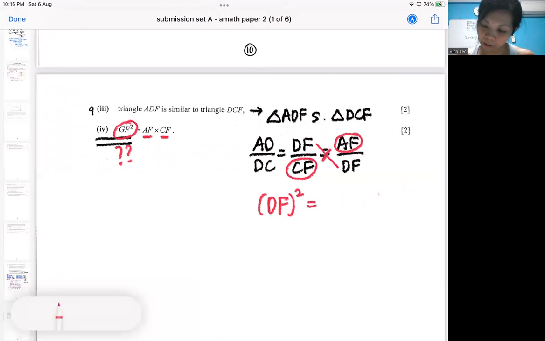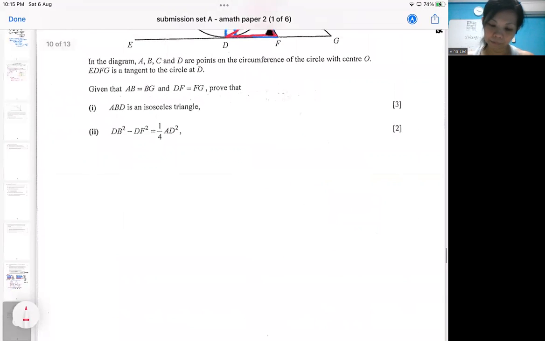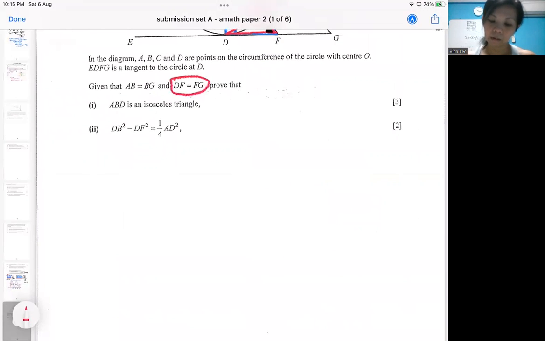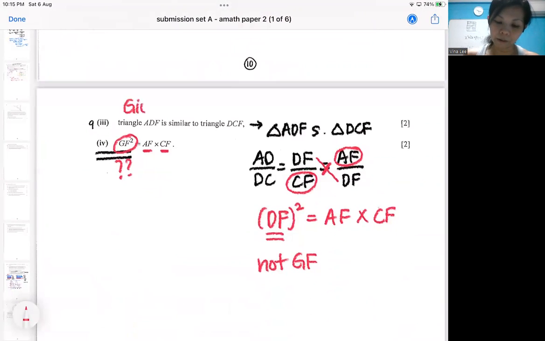So I cross multiply, I got my AF and CF. But why is this not GF? So where can I get it from? Do you remember the very first part here? DF is equal to GF. So you are given that DF is equal to GF.